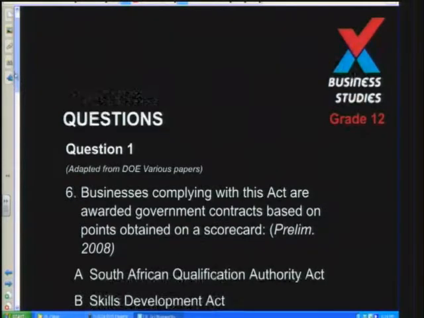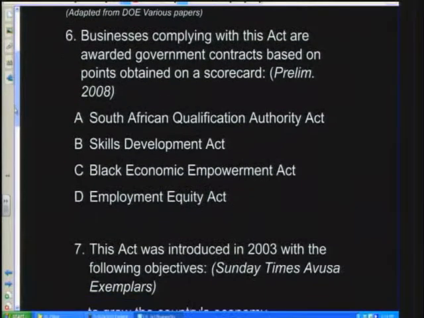Question number 6. Businesses complying with this act, remember, they're telling us it's an act, and they're saying if we comply, if we adhere, if we do what this act wants us to do, the government awards contracts based on the points obtained on a scorecard. Do you remember when we spoke about legislation a few weeks ago?